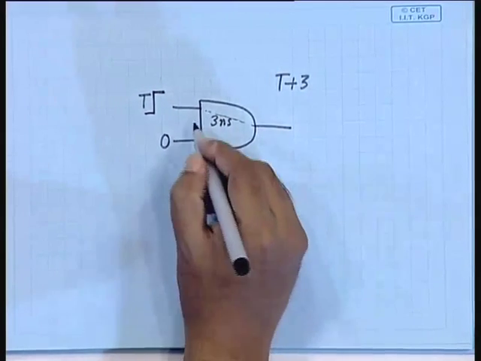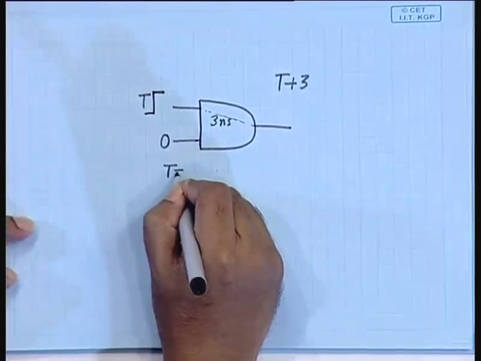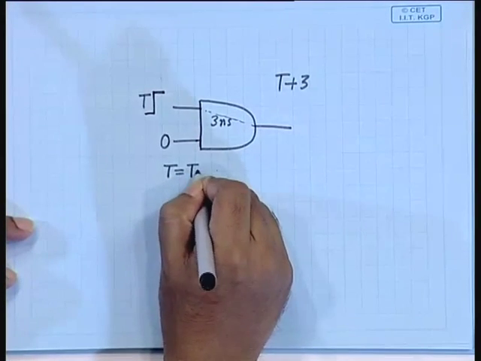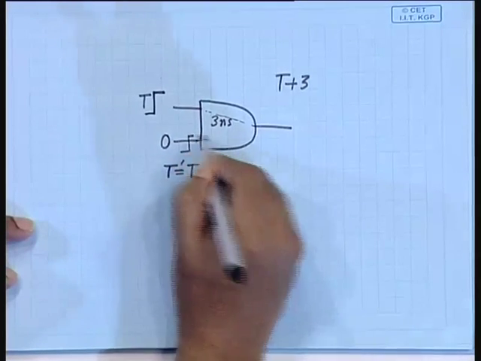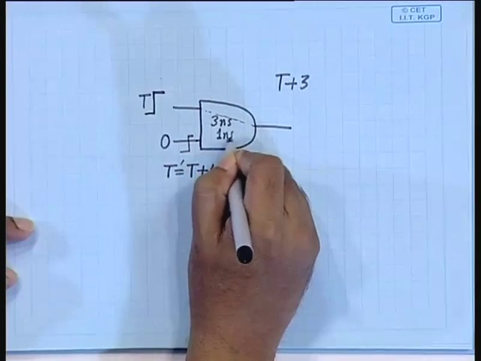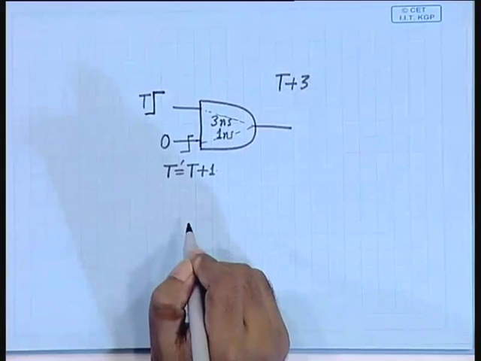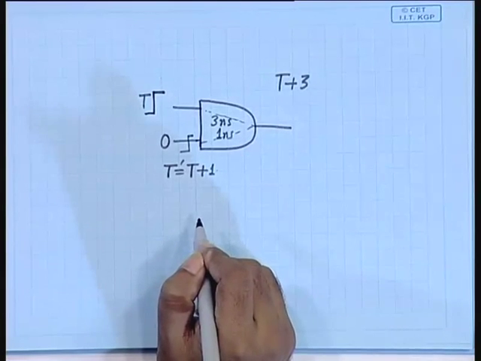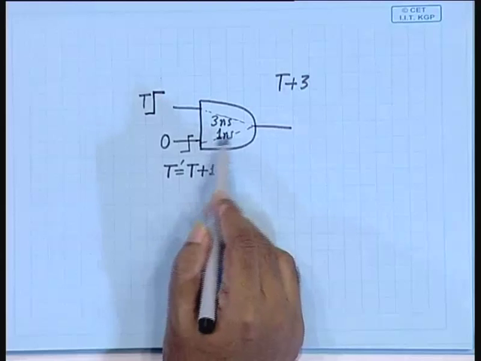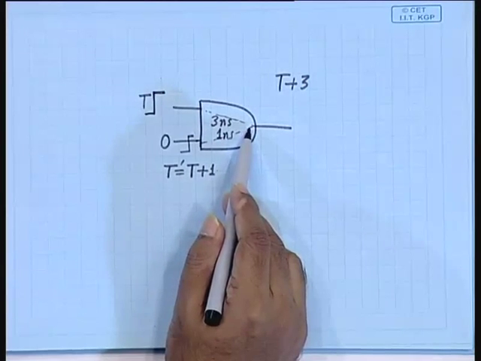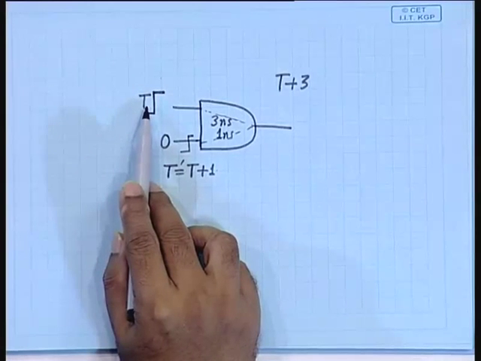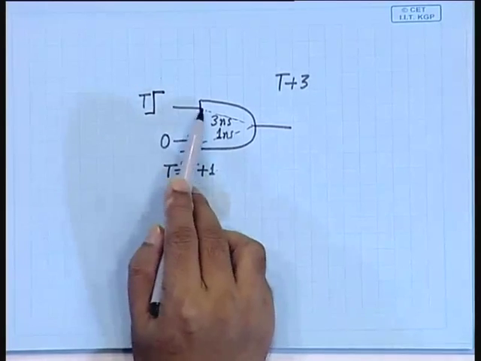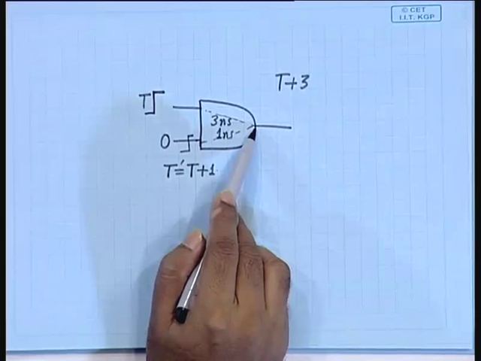What problem? At time t equal to t plus 1, this one might rise, and this might have a 1 nanosecond delay from this to this. So, after 1 nanosecond, this output will still not rise, because the 1 has not yet propagated, right.